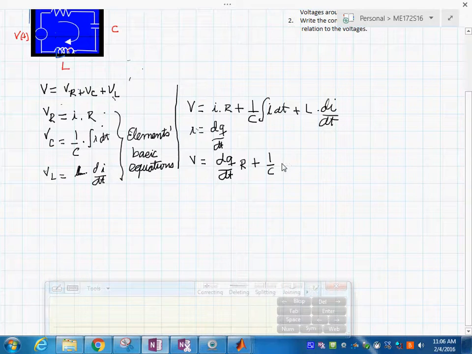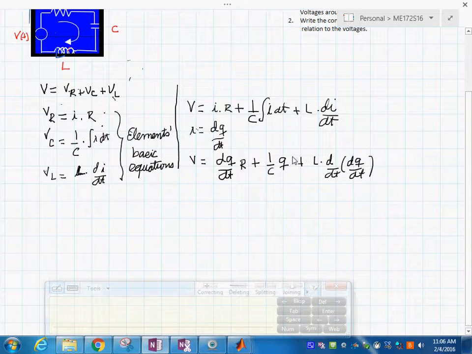The integral of I is Q. And then plus L times d of dq dt, d dt, dq dt, like that.